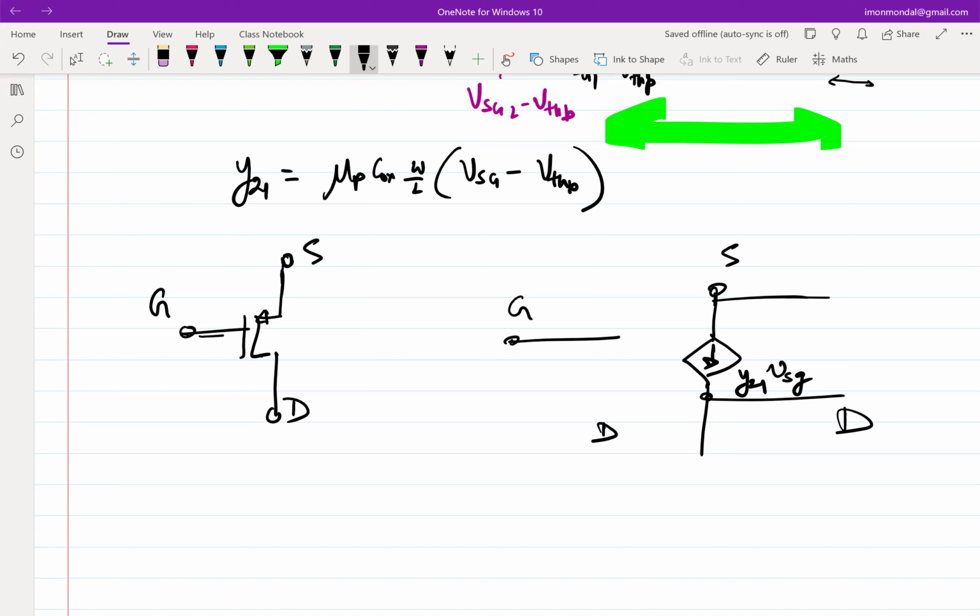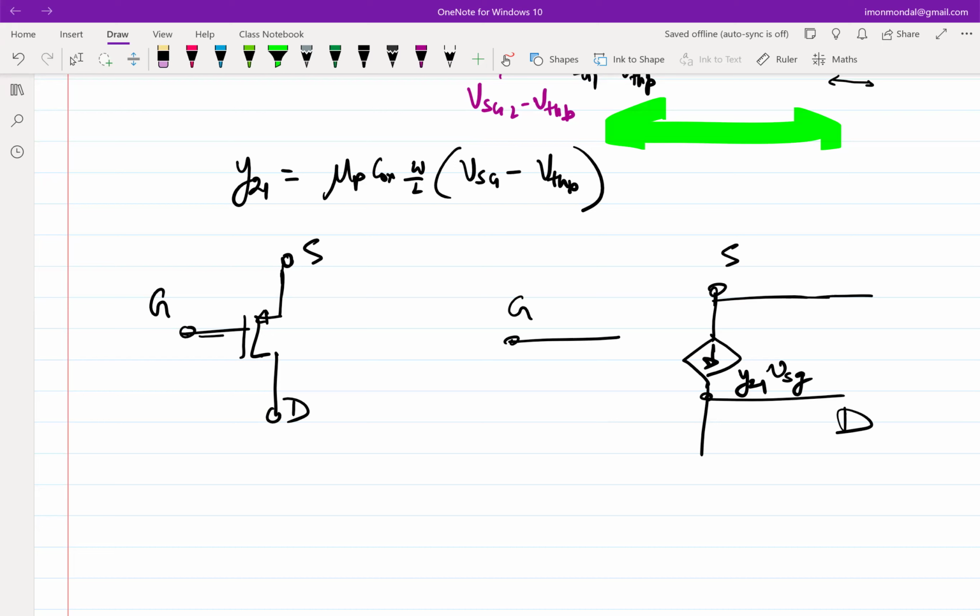If I increase VSG, the source to drain current increases. Do I have to bother about Y22? No, Y22 goes to 0. So this becomes a very simplified version of our incremental model of the transistor. This essentially is the two-port incremental equivalent of the transistor.